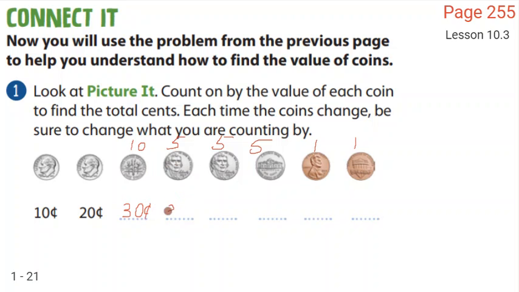Another 5, 35 cents. See how I put down the cents symbol there? Okay, 35 plus 5 is 40 cents. Plus another 5 is 45 cents.